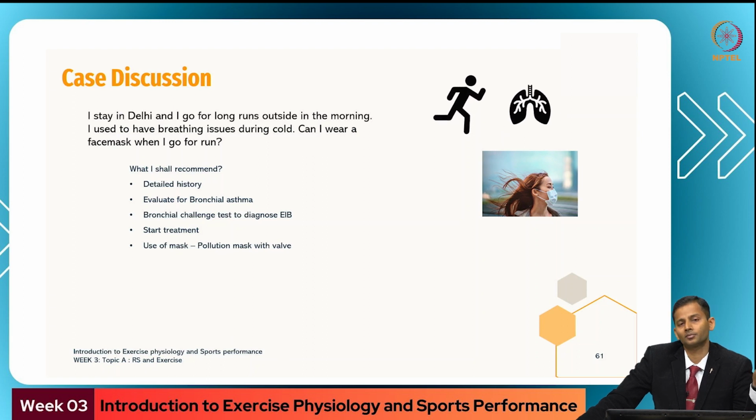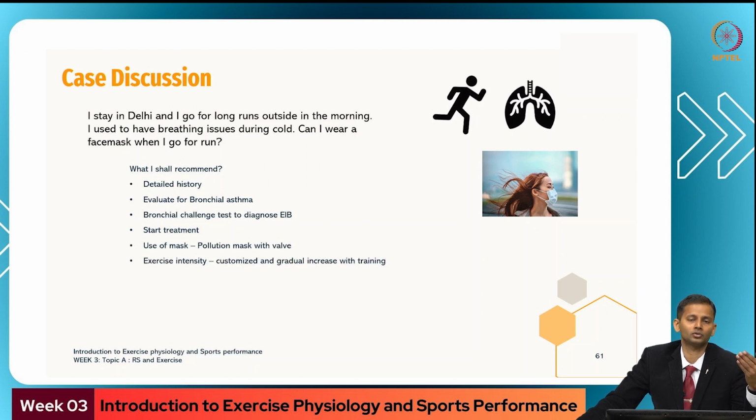And with respect to the use of a mask, I would advise using a pollution mask with a valve wherein the resistance is minimal, and the individual's exercise intensity has to be guided. So the customized grading of intensity is important. As the individual gets comfortable using the mask, the individual can continue using it with increased intensity of exercise.